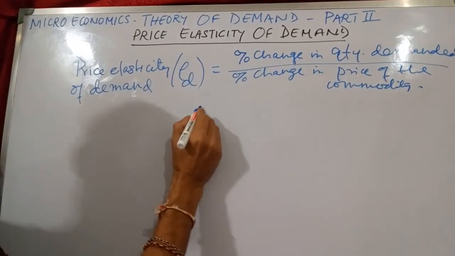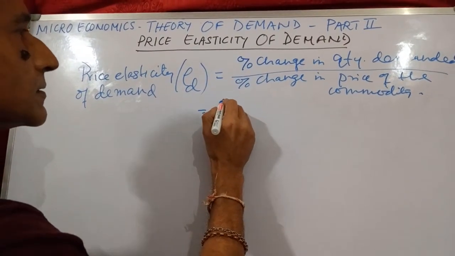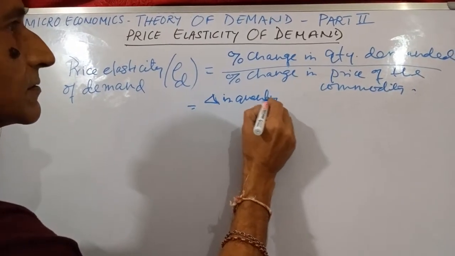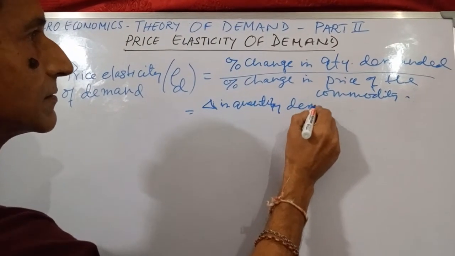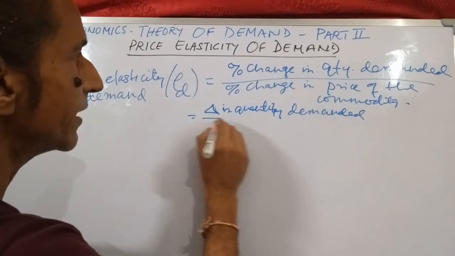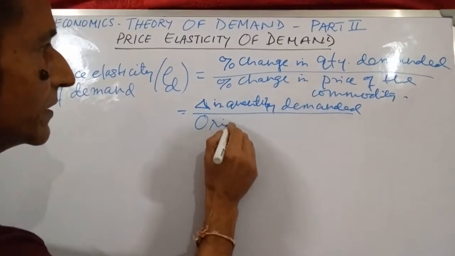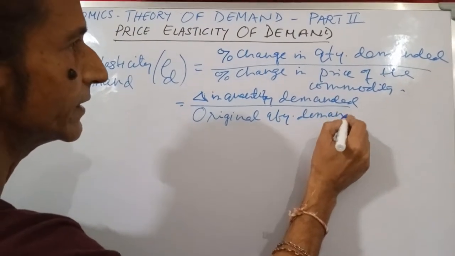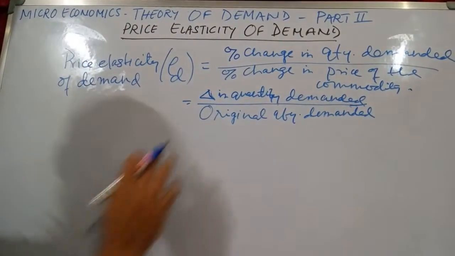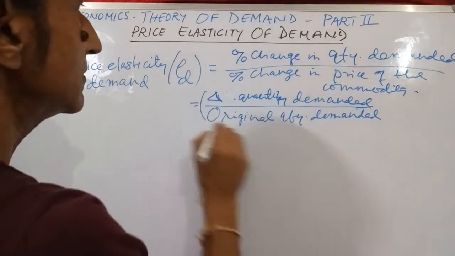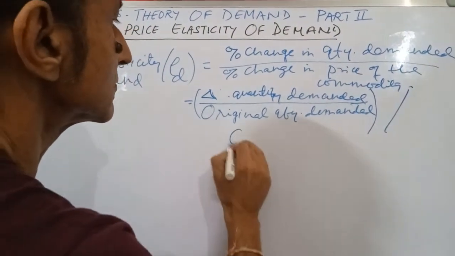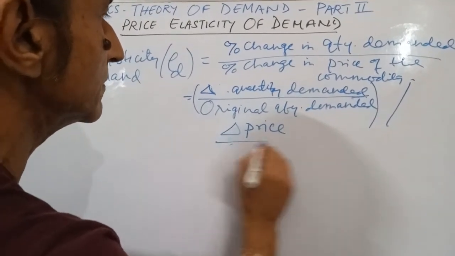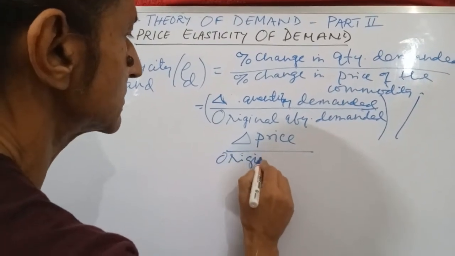This is equal to change in quantity demanded divided by original quantity demanded, and the whole divided by change in price divided by original price.